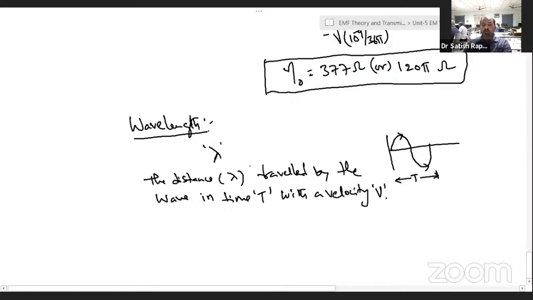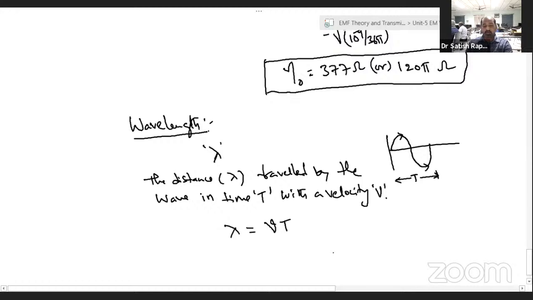Then how do you relate all these three parameters? Distance lambda is equal to velocity into time, right? Distance traveled by the wave is nothing but wavelength.